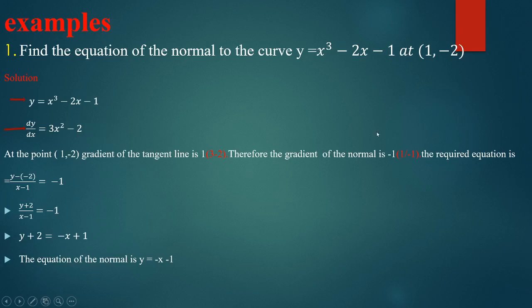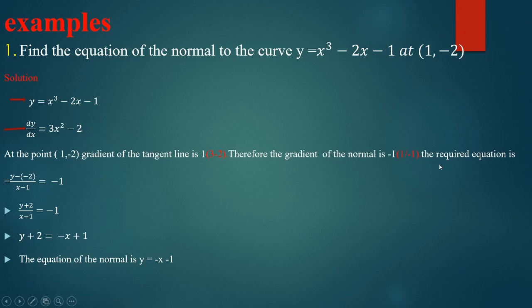And therefore, the gradient of the normal, if we call the tangent gradient m1, we are now looking for the normal m2. m2 times 1 equals negative 1. So our m2 becomes negative 1 over 1, which gives you negative 1.